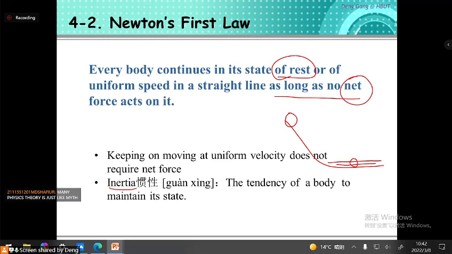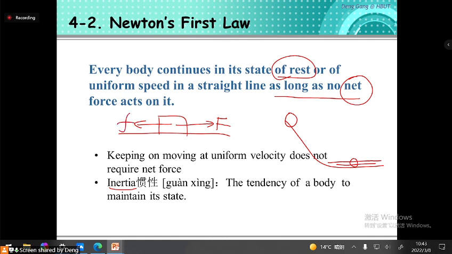Because no net force does not mean no force. No net force means there can be several forces on this object, but the sum is zero. Just like, for example, here is a rough surface, and I apply a force on it, and there will also be friction in the opposite direction if I let it move in this direction with velocity v.